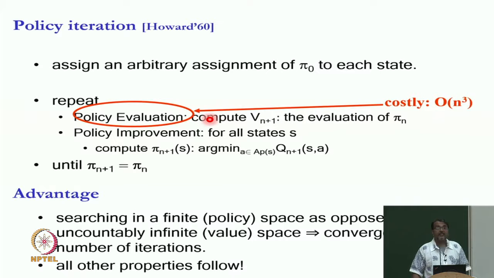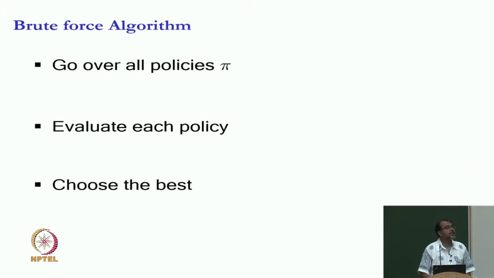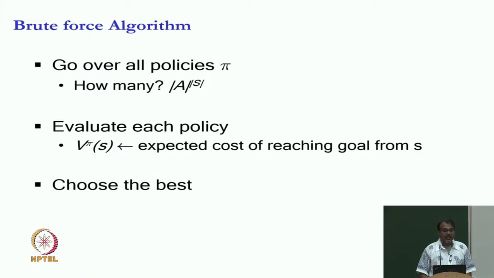How do we define the evaluation of the policy? Well, this is what we did last class. So, let me remind you. We first started with the brute force algorithm, and the goal was evaluating each policy. How did we evaluate a policy? We said what is the expected cost of reaching the goal starting in that state and following that policy. And we developed two algorithms to achieve this.